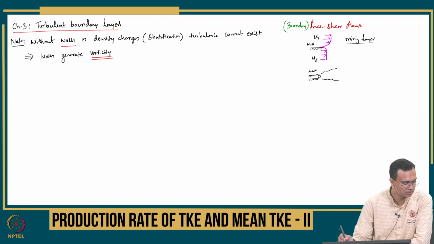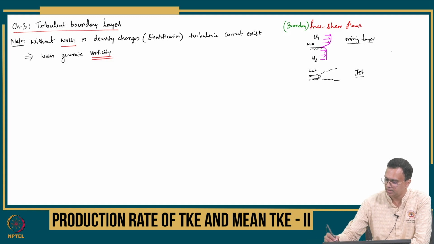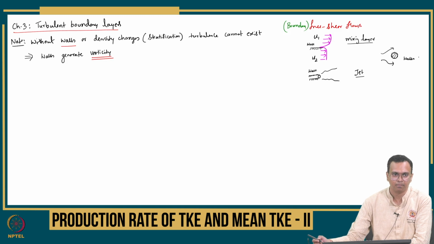And if you take a wake, so this is your jet, or you can take a wake, let's say you take a ball, and then you have flow over it, flow over a bluff body, a bluff ball. Again, you have wall surface, right? The entire surface is solid surface, so you have presence of walls.